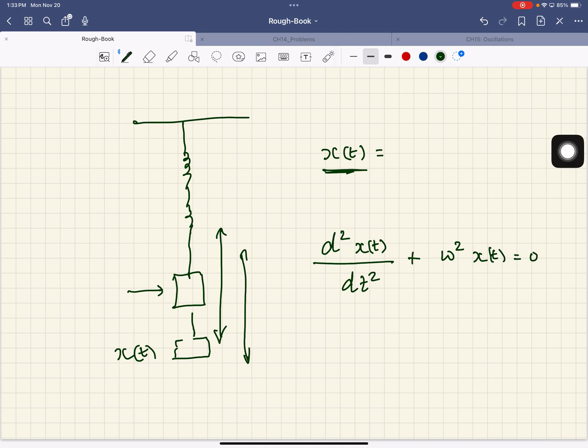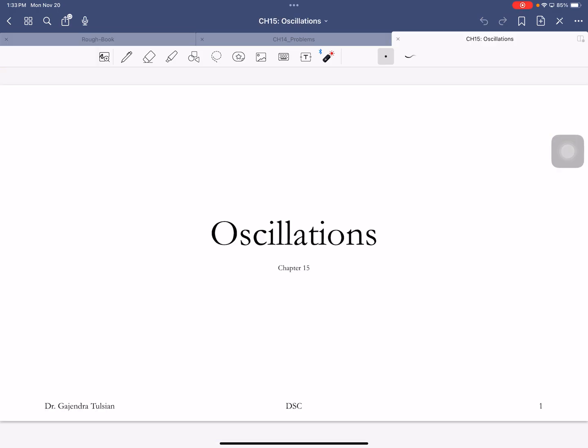So no matter what you do to the spring, all possible motions satisfy this differential equation. Differential equations mathematically model the behavior of a whole bunch of systems. And that's why you study these differential equations.